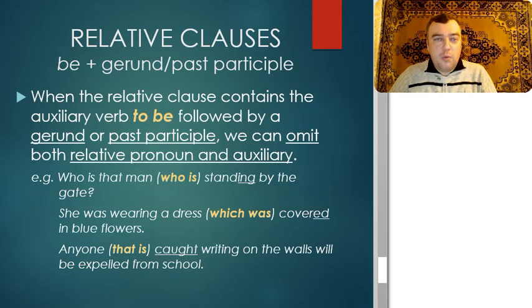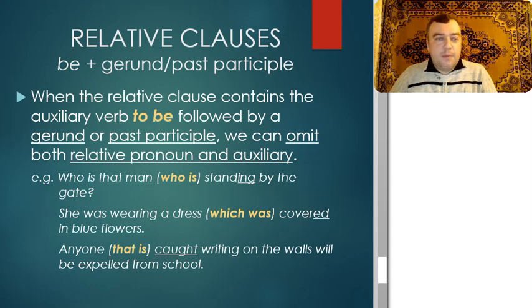And one more specific situation is that if we have the verb to be followed by a gerund or a past participle, we can omit both the relative pronoun and the auxiliary if we want. Again, we can leave them where they are, or we can omit them. Let's view several examples.